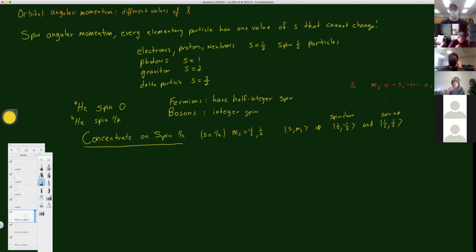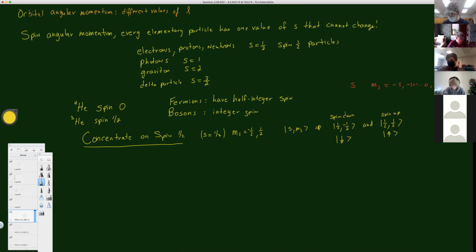So the general state of a spin 1/2 particle is going to be a linear combination of these two things. And by the way, people write this spin down with a little arrow pointing down in a ket, and this spin up with a little arrow pointing up in a ket. Very common notation.